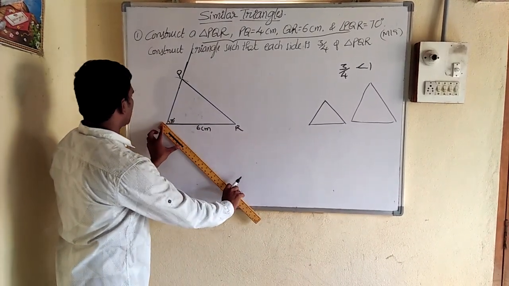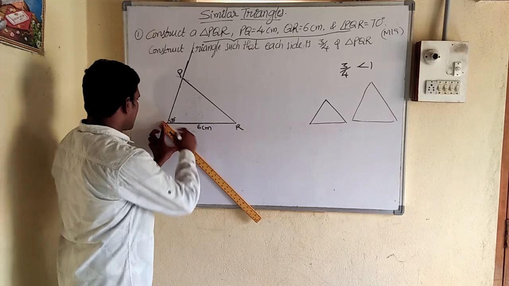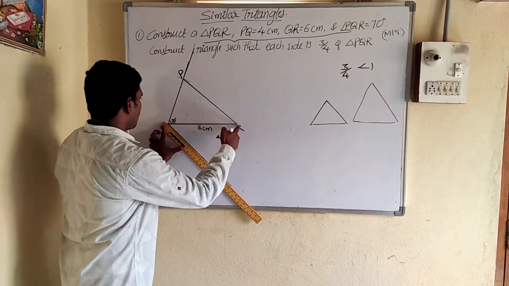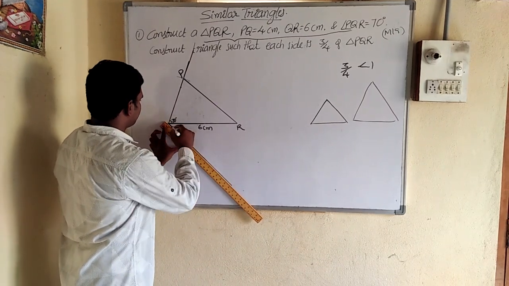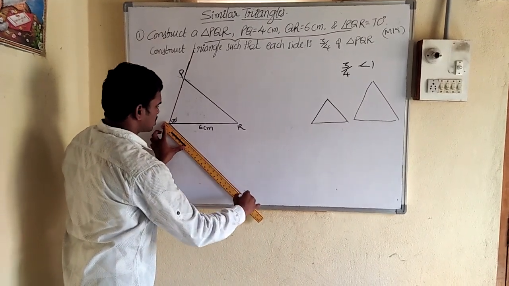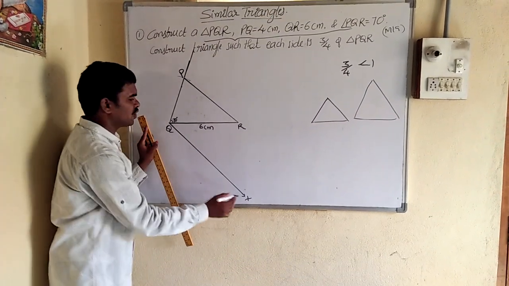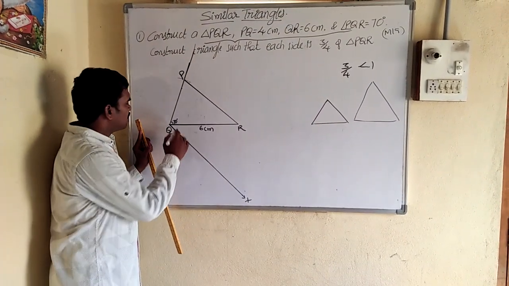First, I am drawing a ray with some acute angle at Q, say QX, a ray with any angle.